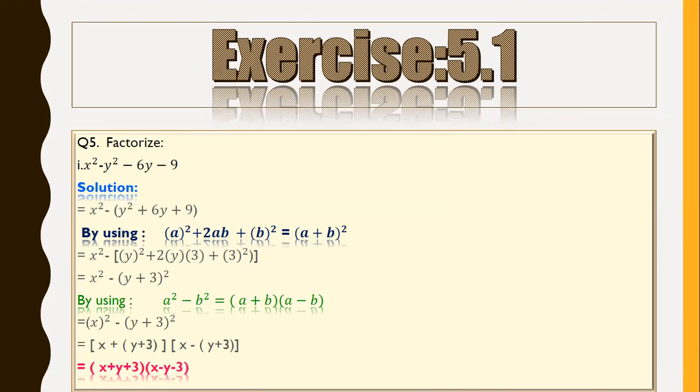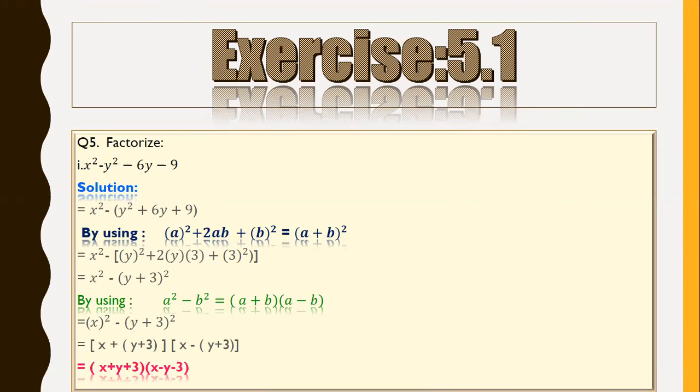It means that you always combine the constant term with the variable which appears 2 times in the question. As in part 1, you see x square only once, x is only once and y is 2 times, y square and minus 6y. It means that we combine 9 with y square and 6y.